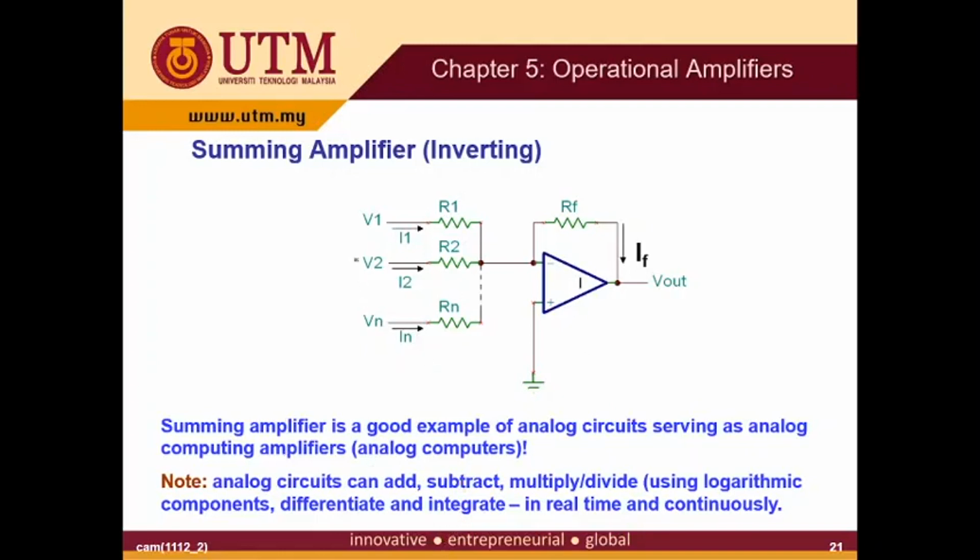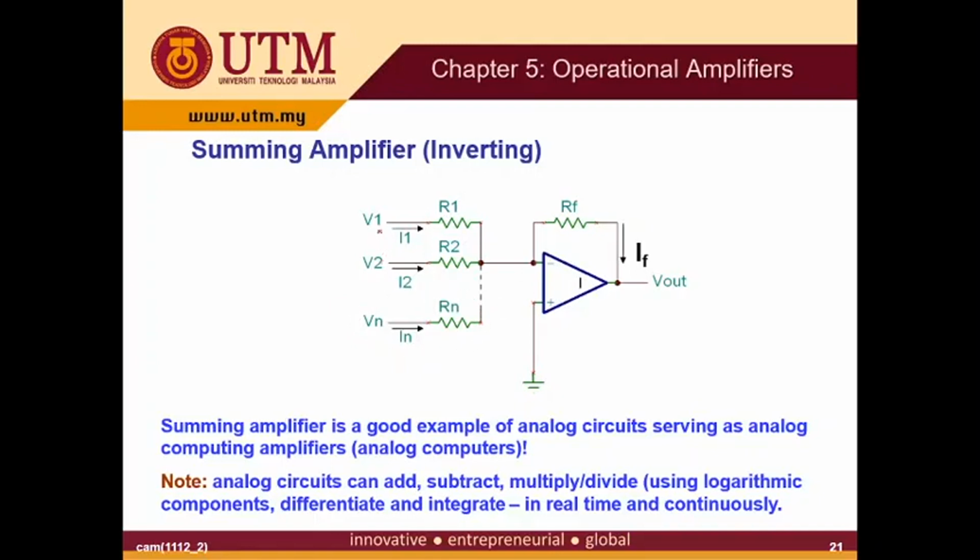Okay, this is the inverting summing amplifier. The configuration is quite similar to the inverting amplifier, but the difference is you have multiple inputs connected in parallel.